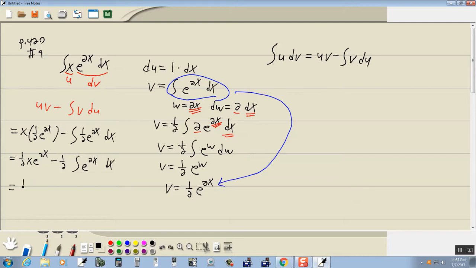So this becomes 1/2 x e to the 2x minus 1/2 times this right here, which is 1/2 e to the 2x. And then now I'll put a plus c on. So that gives us 1/2 x e to the 2x minus 1/4 e to the 2x plus c.